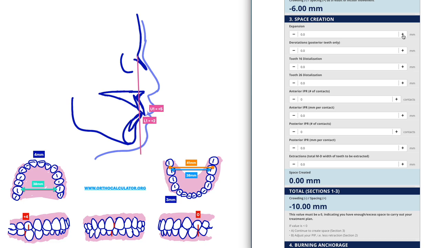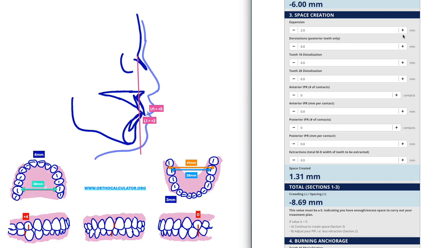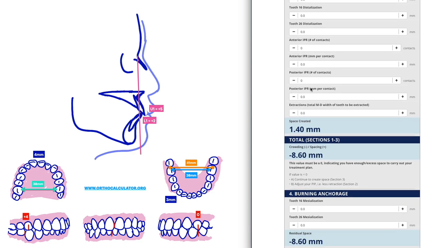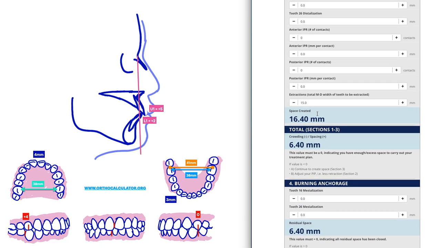We said the expansion would give us about 2 millimeters in the upper. We're not distalizing in this case because we want to close the extraction spaces, so we'll leave that alone, no IPR, and we're extracting about 15 millimeters of tooth material. We've created 16 millimeters of space.